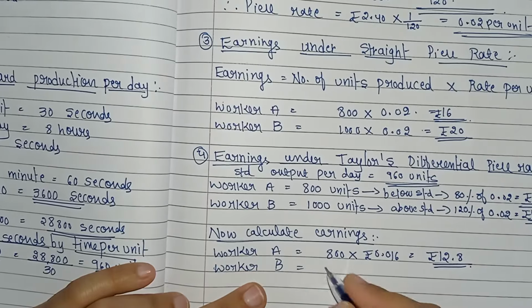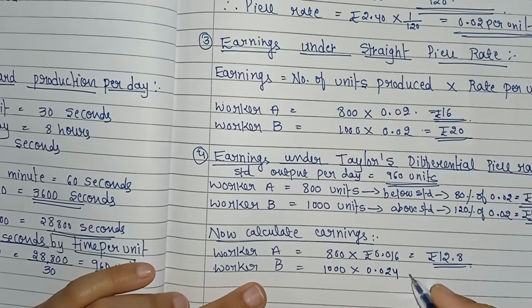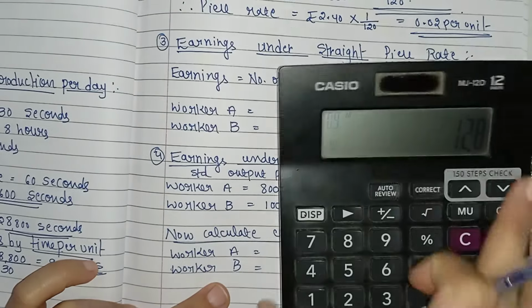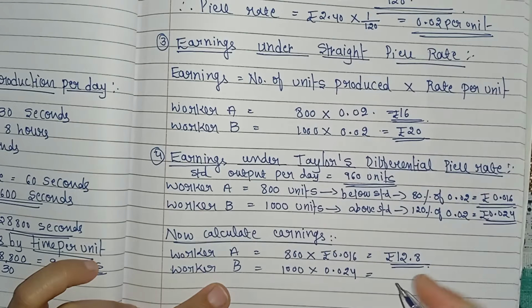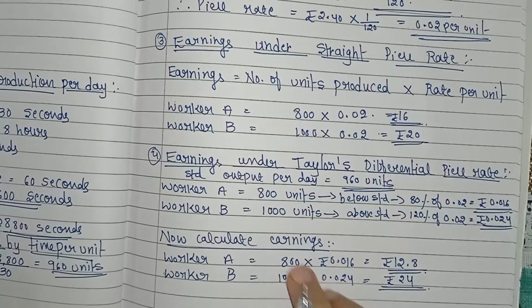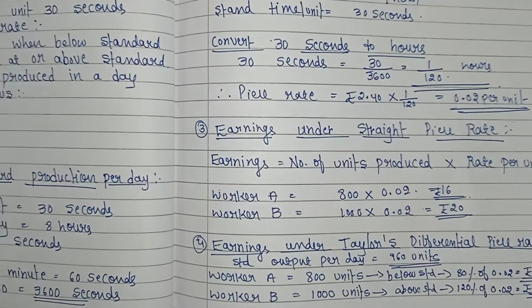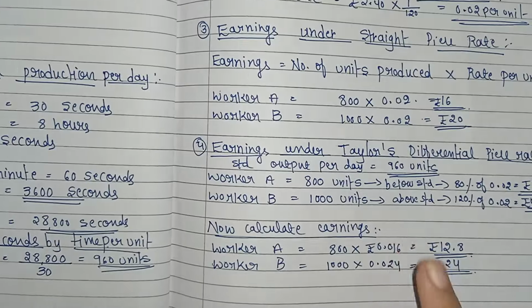For worker B, 1000 units into the applicable rate 0.024, which we just calculated, equals 24. So rupees 24 is the earnings available to worker B. Clear? So we have calculated the earnings under the straight piece rate and Taylor's differential piece rate.